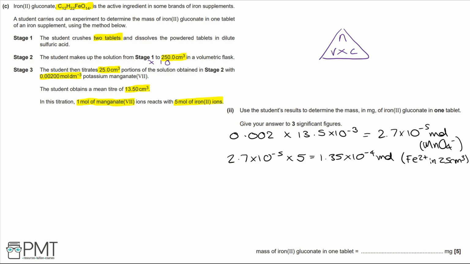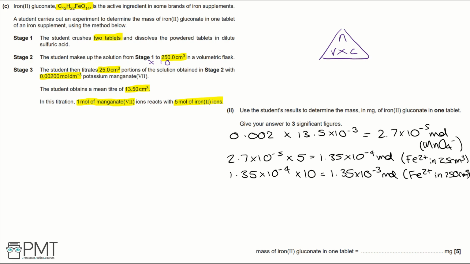And we want in 250 centimetres cubed, so this is where our factor of 10 comes in, because we do 1.35 times 10 to the negative 4 times by 10, and that gets us 1.35 times 10 to the negative 3 moles of Fe2 plus in 250 centimetres cubed.